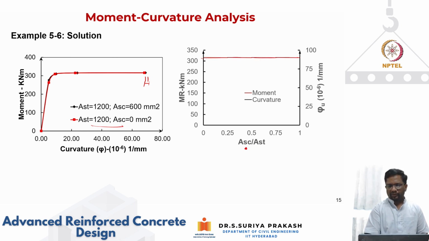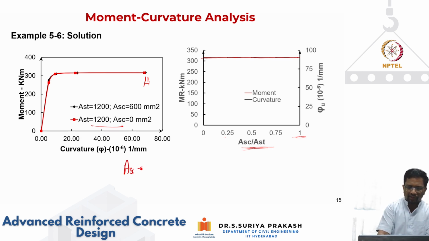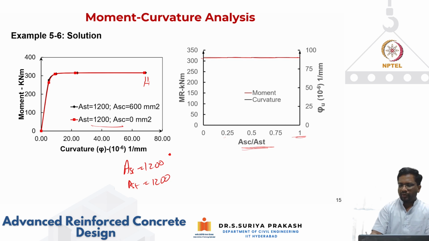On the x-axis, I am plotting the percentage ratio of compression steel to tension steel. So for a heavily under reinforced section, even if I put the same amount of compression steel as tension steel, in other words, even when ASC becomes 1200 and AST becomes 1200, you are going to get no change.